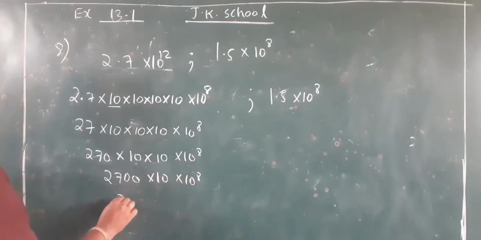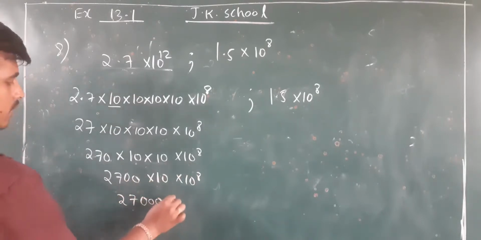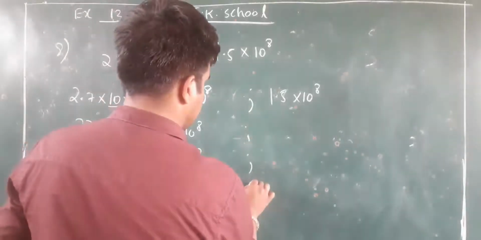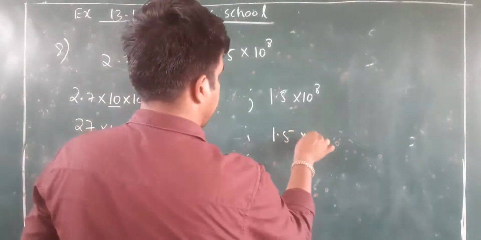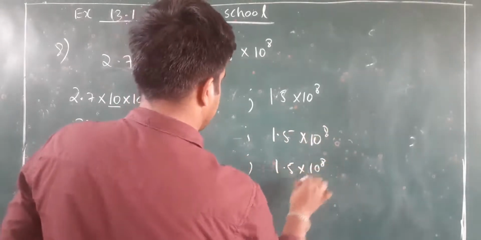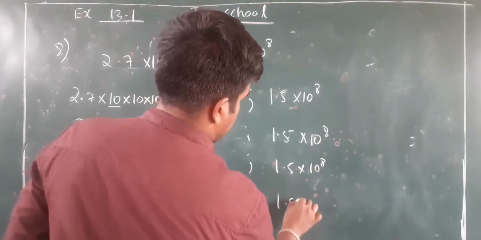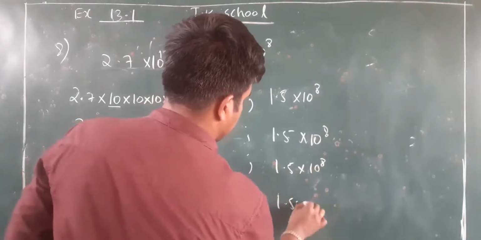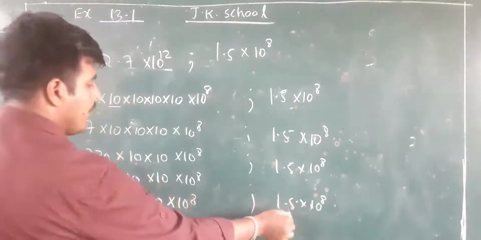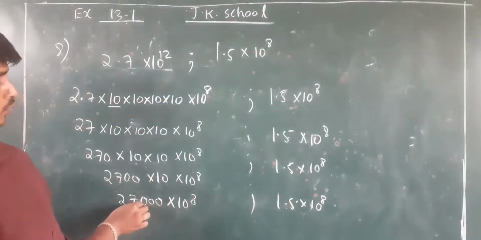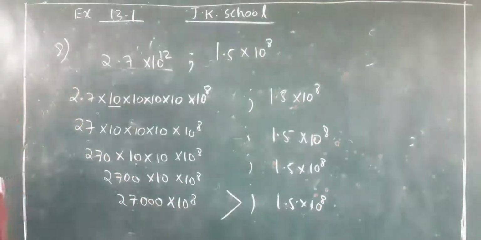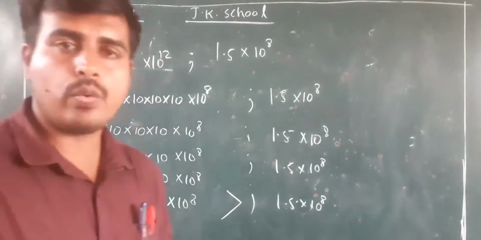And for this 10, it will become 2700 into 10 raised to 8. And in every case, it is 1.5 into 10 raised to 8. Now you compare the first number. 1.5, whereas it is at 27,000. So it is greater. Likewise, you can compare any two quantities.